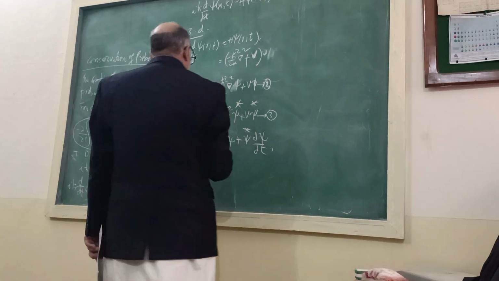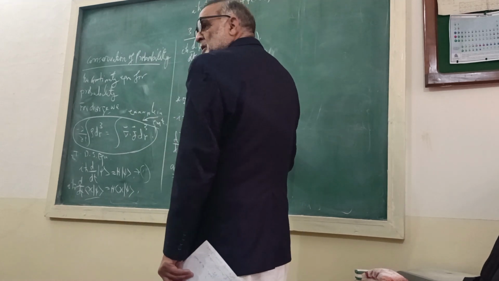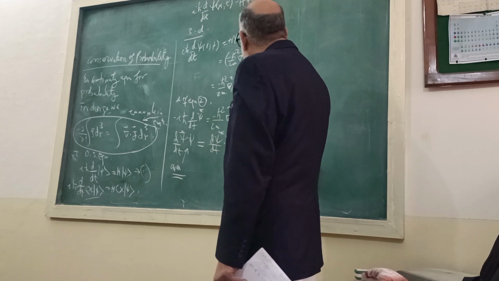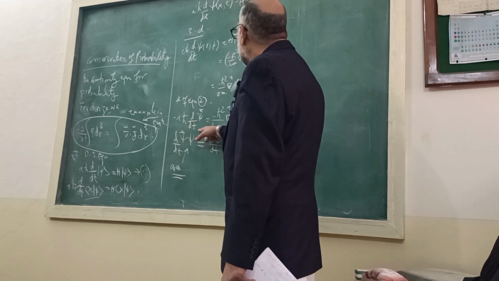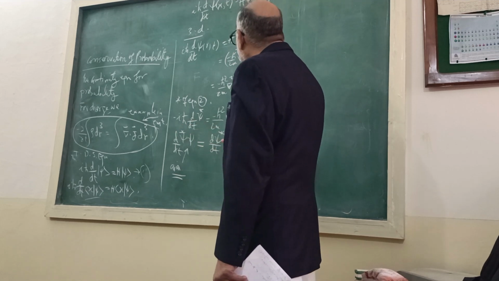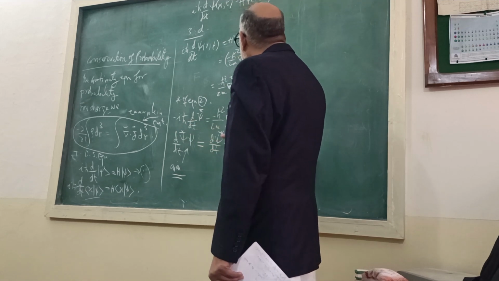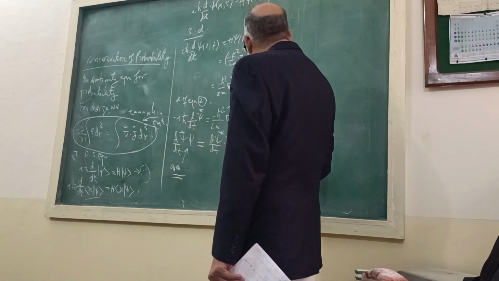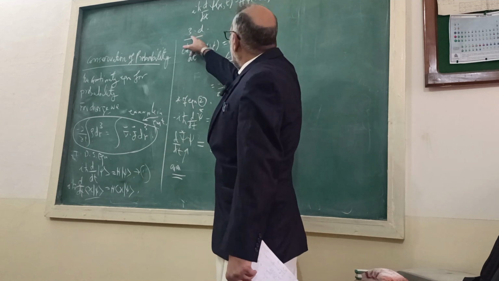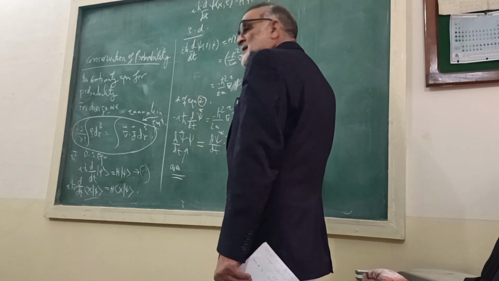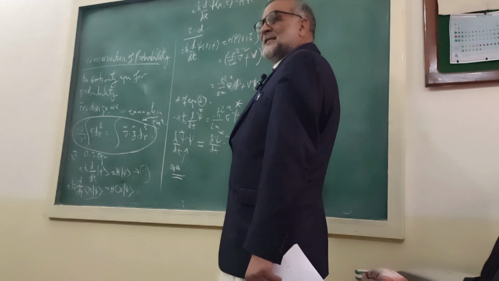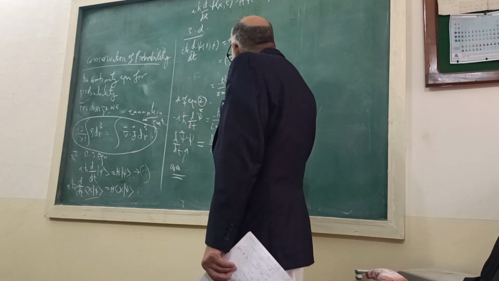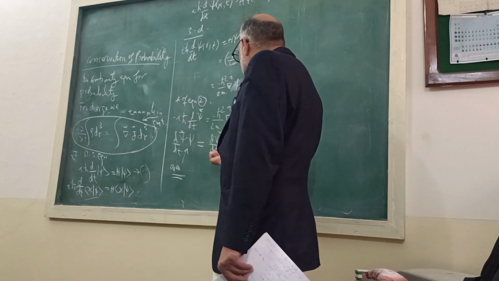So how do I get it? Look, I should multiply equation 3. I want to get this. What should I do? I should multiply equation 3 with psi. And I should multiply equation 2 with psi star, to get this term.